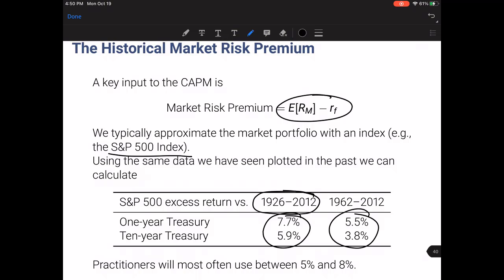So this versus means we're subtracting the S&P 500 returns from the 1-year Treasury yield. And so for our class, I would suggest to use 5%. Okay, but if you have a better number, for example, if you read some analyst reports, you should definitely use those numbers instead. Okay, you can just write it as a footnote in your project.